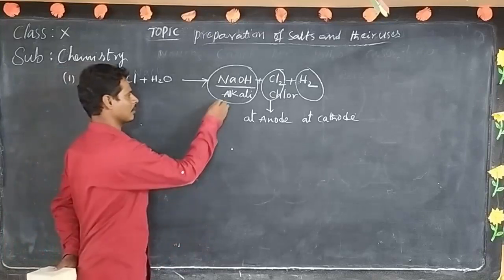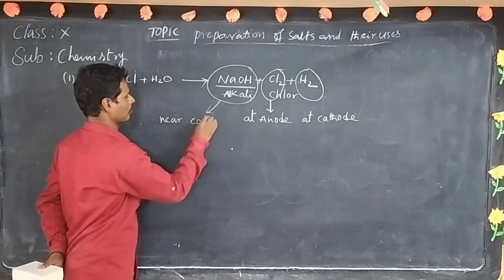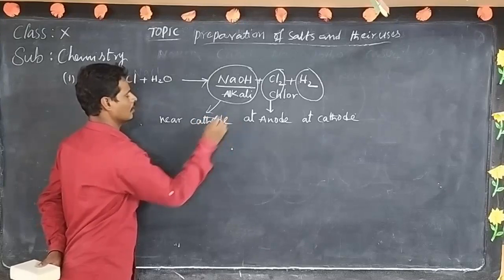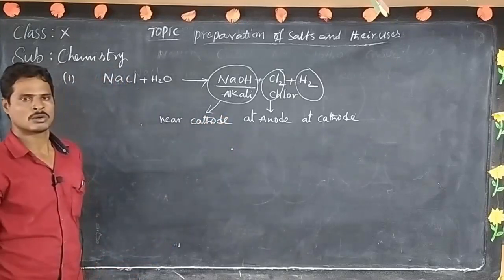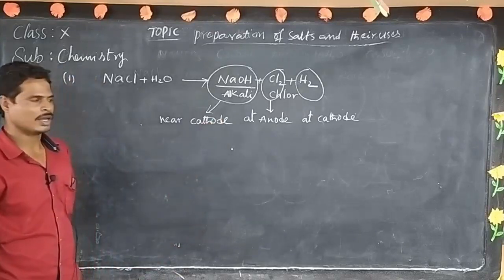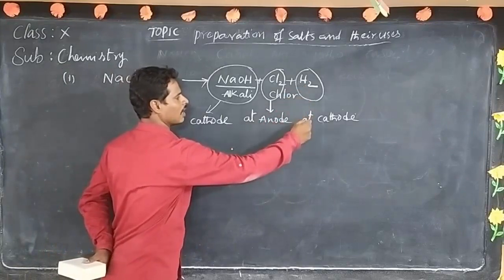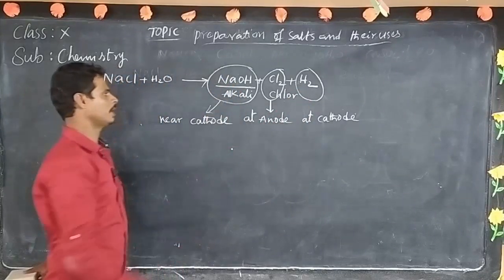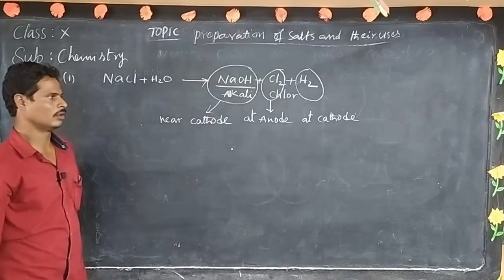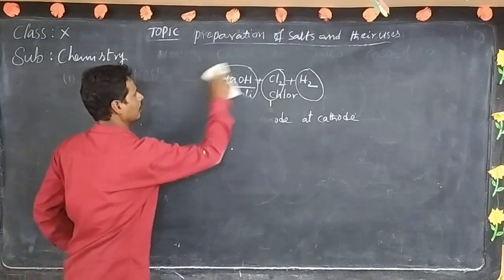We get it near the cathode. So this is about the chlor-alkali process. This is very important. Chlorine gas at the anode, hydrogen gas at the cathode. Where do we get sodium hydroxide? Near the cathode.